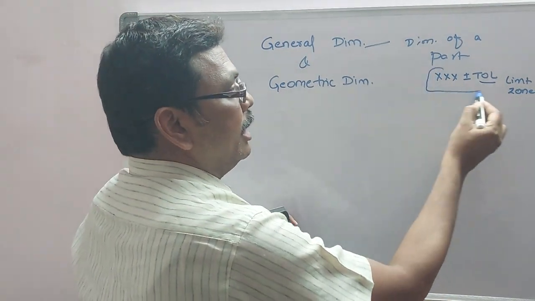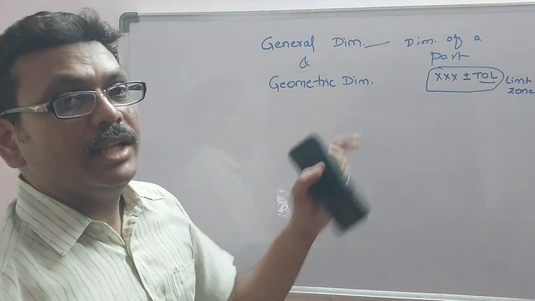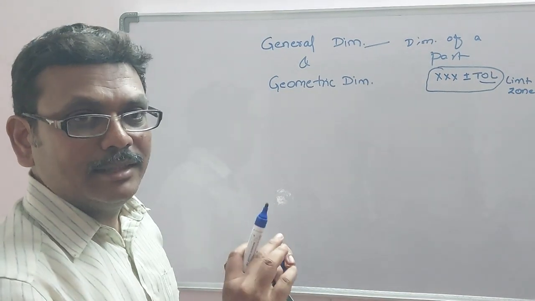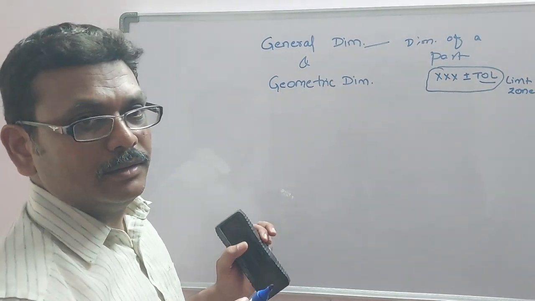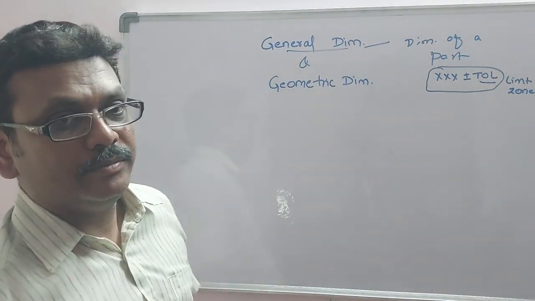So with the help of this dimension and tolerance, we can manufacture a part. A part, not an assembly, it is just a part. So that is called general dimensioning.